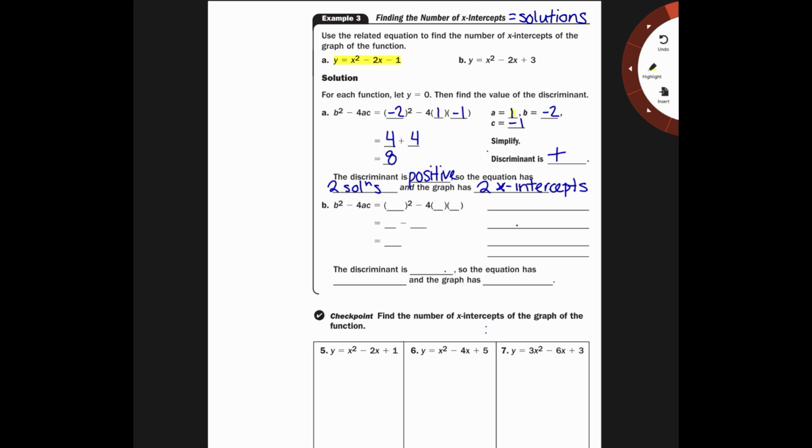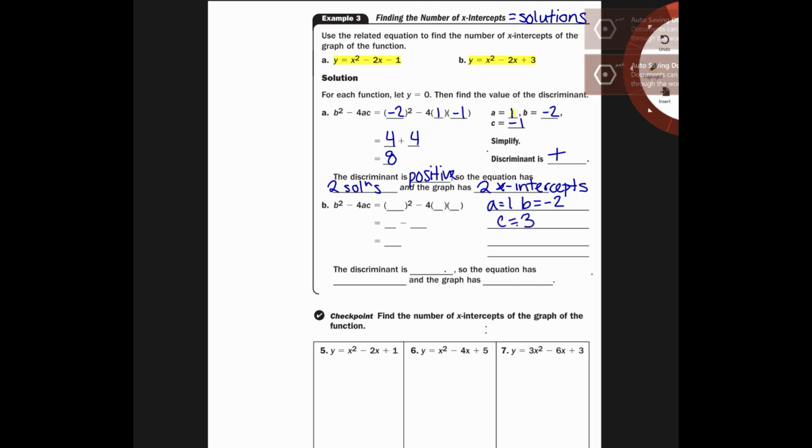So let's look at the next one. We have the equation y equals x squared minus 2x plus 3. So here I have an a of 1 and a b of negative 2 and a c of 3.